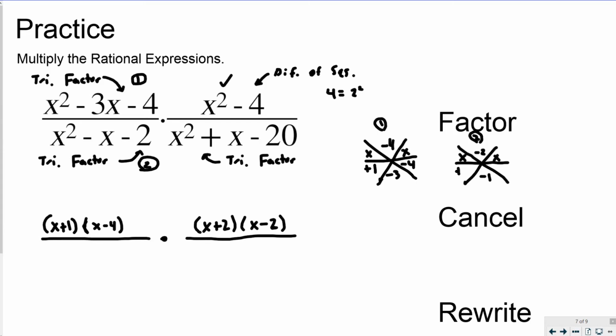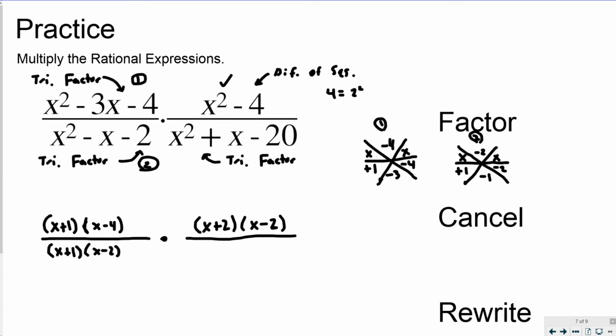One of these is positive and one of these is negative. Well, the only factors of 2 are going to be 1 and 2. And they have to be combined in this way, because positive 1 take away 2 is negative 1. So the bottom left factors as x plus 1 times x minus 2.